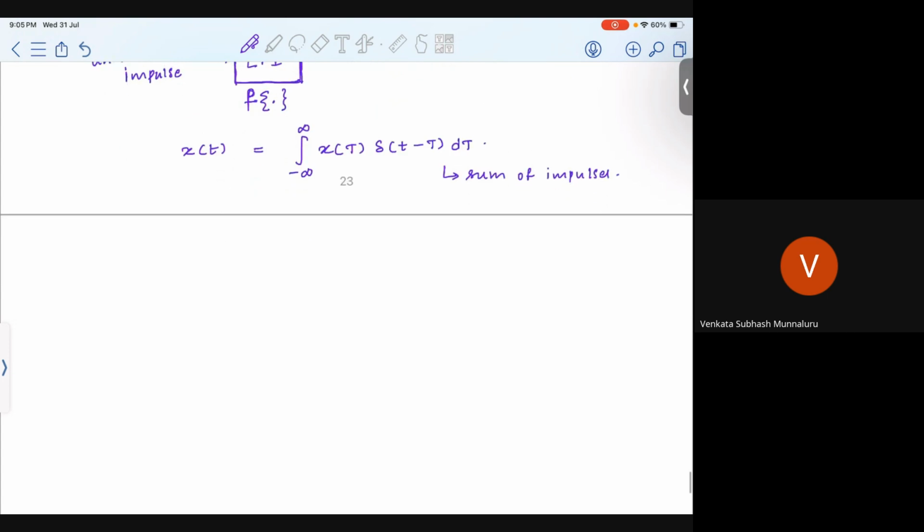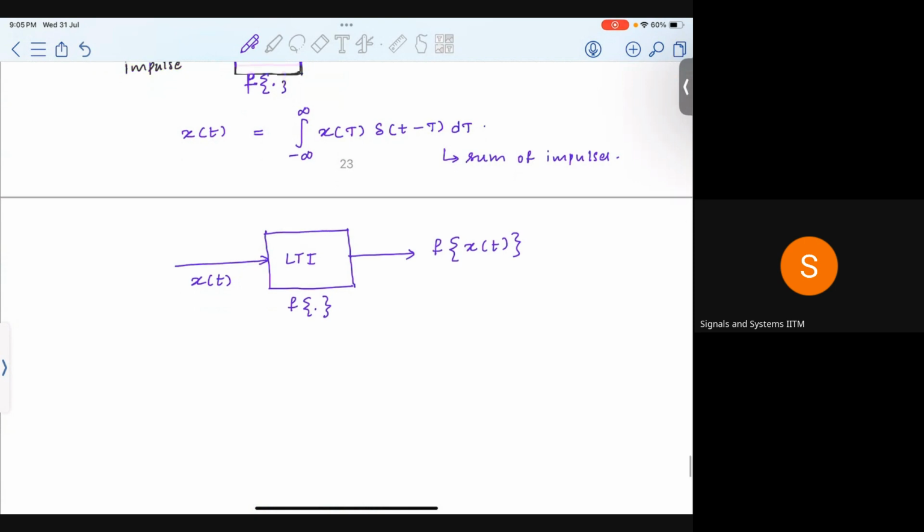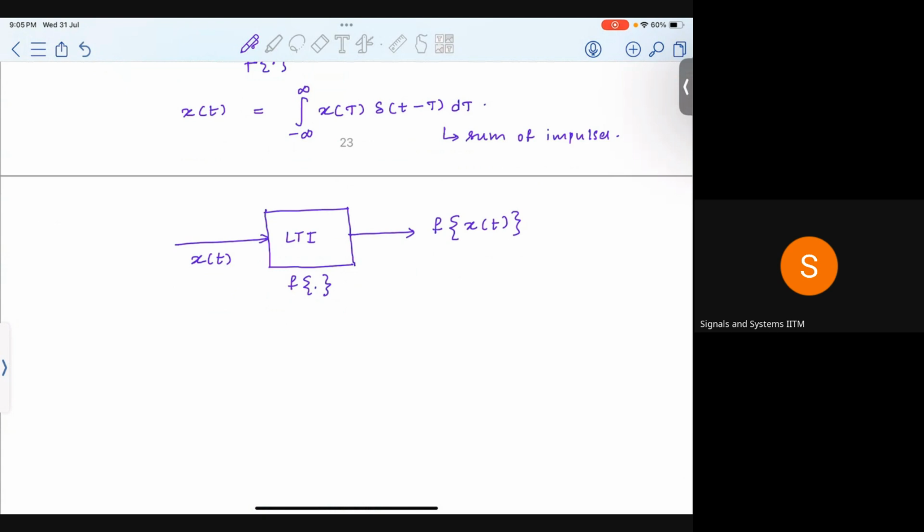So now, when I transmit x of t into this LTI system, the same transformation f, which is linear and time invariant, gets applied on this input signal x of t, and the output is f of x of t. Correct?